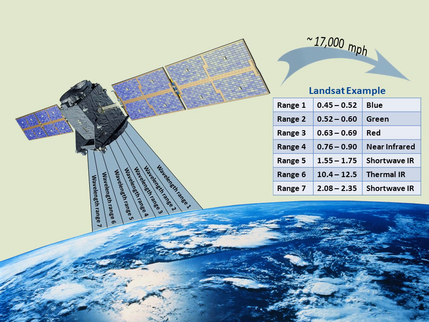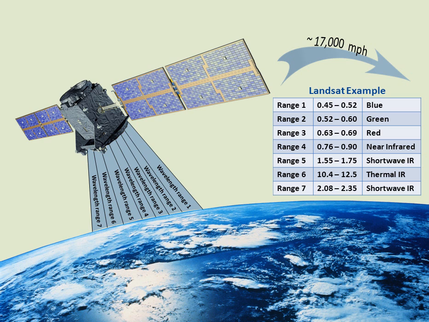So it covers the visible portion of the spectrum, the blue, green, and red, and then Landsat in particular covers near infrared, shortwave IR, and then for one reason or another they jump up to thermal. They normally have that on band 6, and then jump back down to grab another shortwave IR.